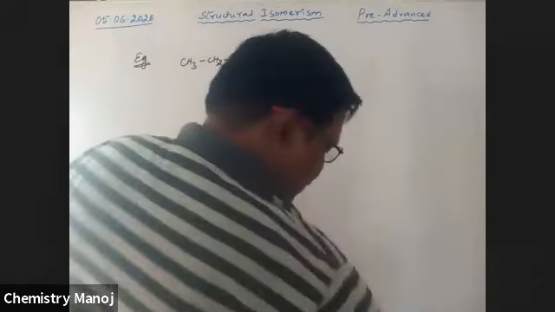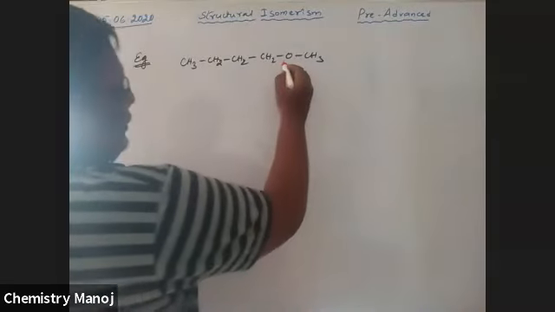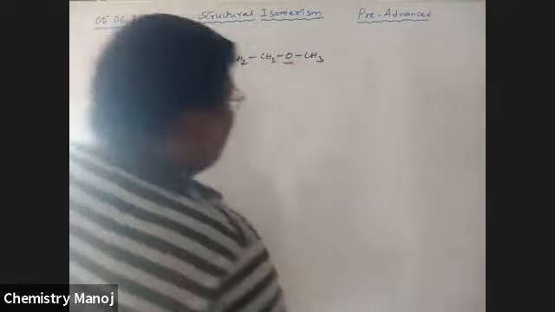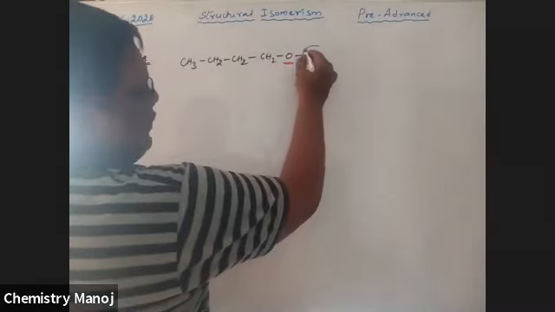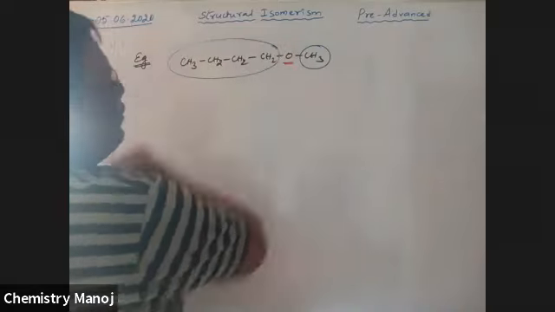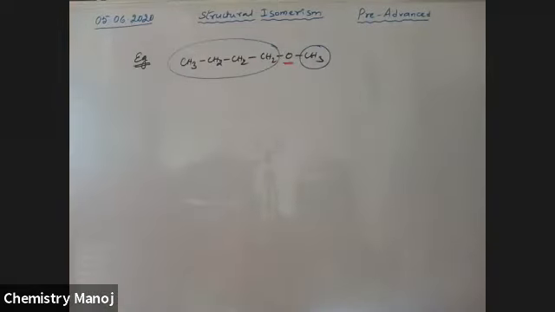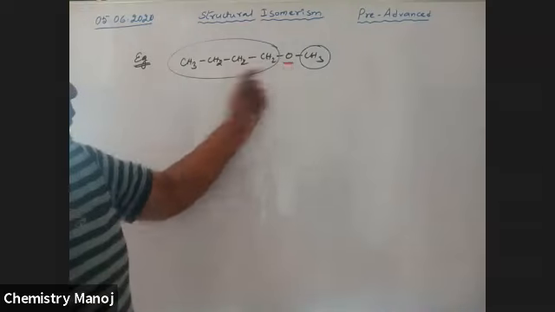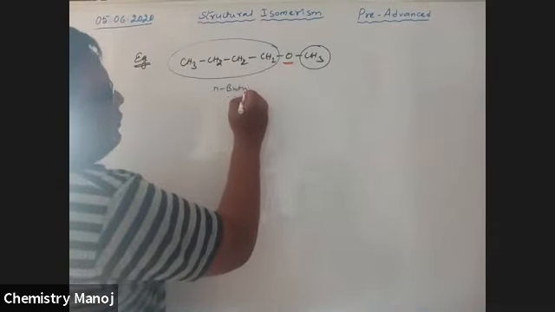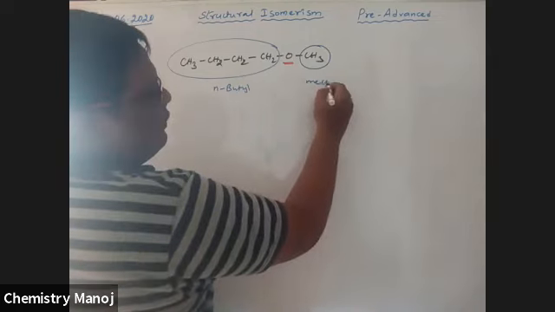Here, one valency is the functional group, one valence is satisfied with the methyl group, and the other valence is satisfied with this group. Therefore, it is n-butyl, it is methyl.